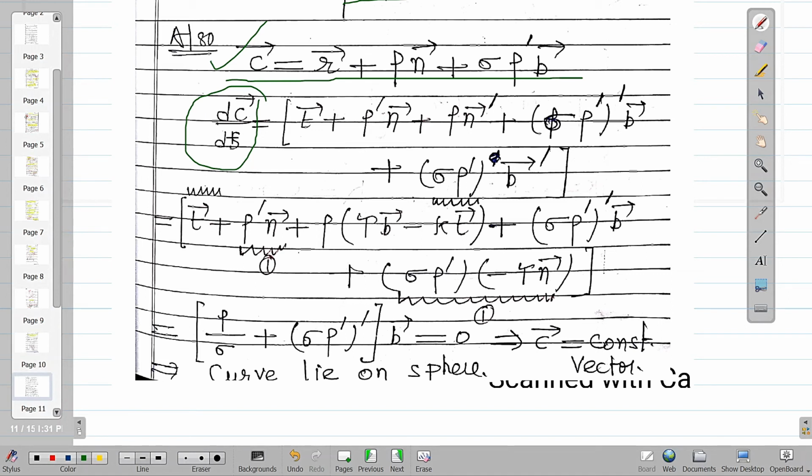Because it is constant, this derivative is 0. So from this term, by simplification, this term will be converted into this form. Clear? By using the values of n dash and b dash, this equation is converted into this form.